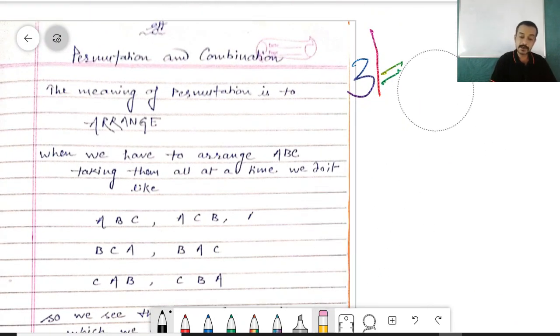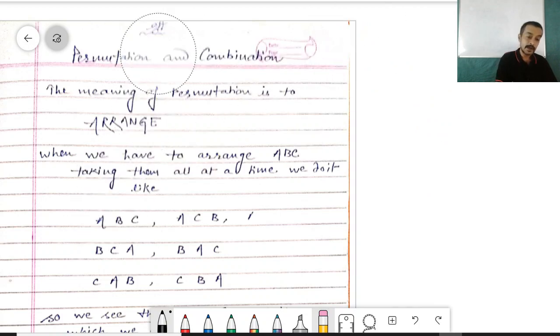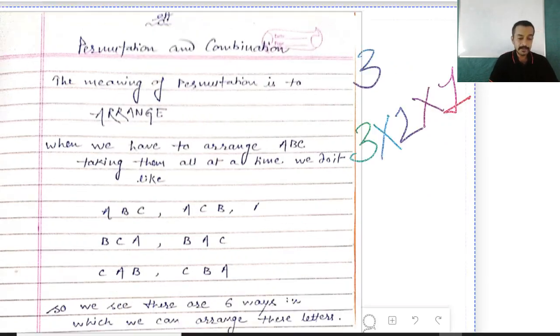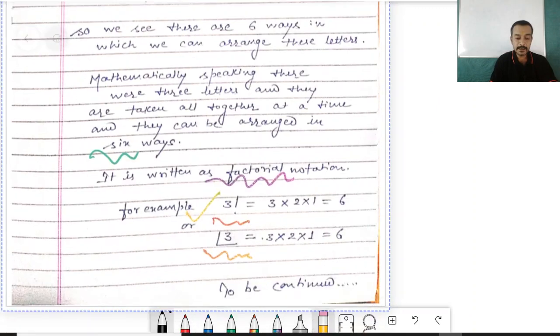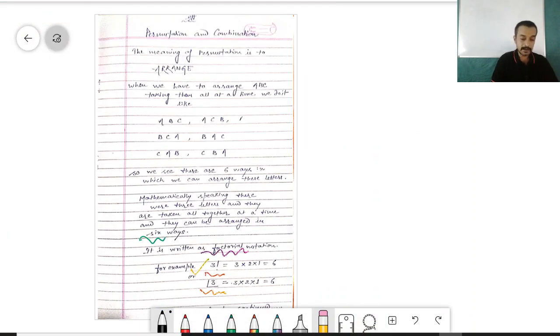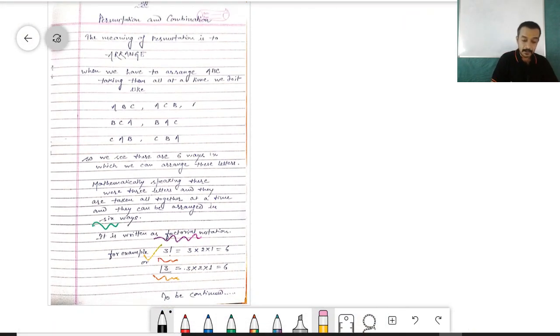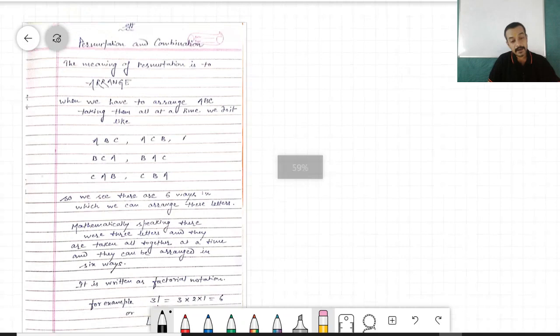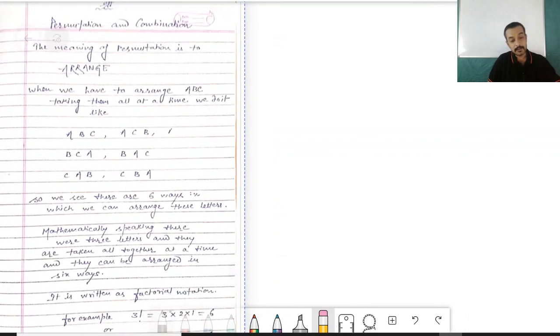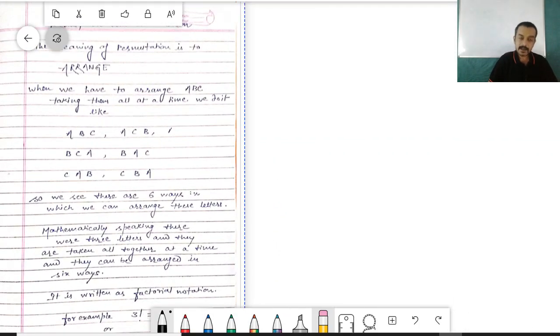Factorial is related to permutation. In which way is it related? It is related in only one manner: the factorial of a number becomes the total number of ways in which those objects can be arranged. That is the concept of permutation.